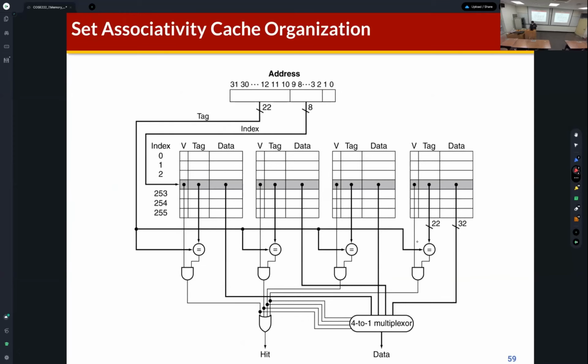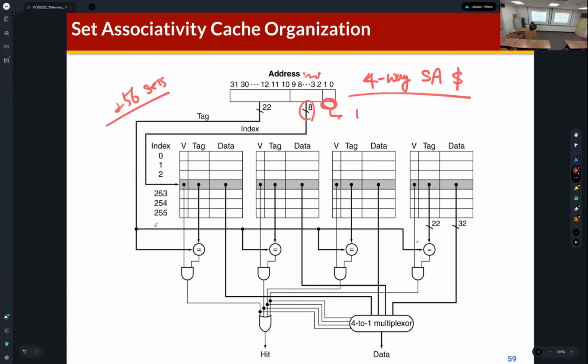This is the address, and we can use part of our address as the index field. This shows a 4-way set associative cache, and this set associative cache has 256 sets. And then this is the block offset. The size of one block is 4 bytes.